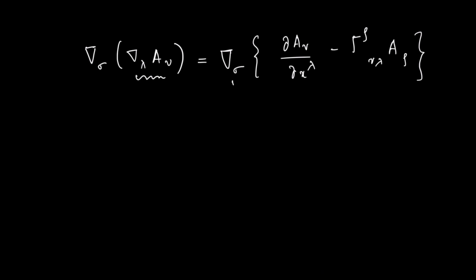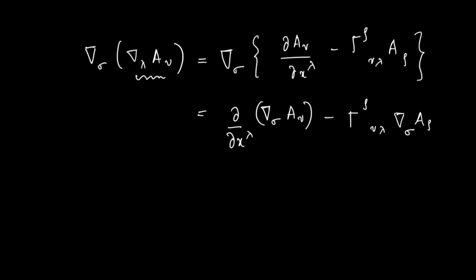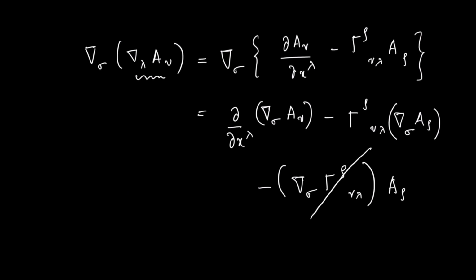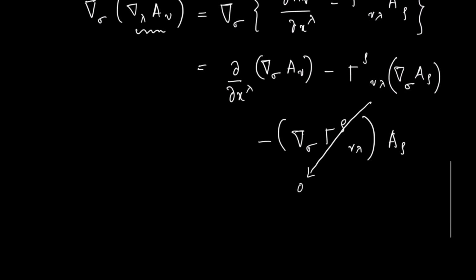Now again I have to do it for both of these. In a similar way I write the covariant differentiation of A nu, minus the Christoffel symbol as it is times the covariant differentiation of A rho, then the covariant differentiation of the Christoffel symbol times A rho. Similarly here also this term will go to 0.